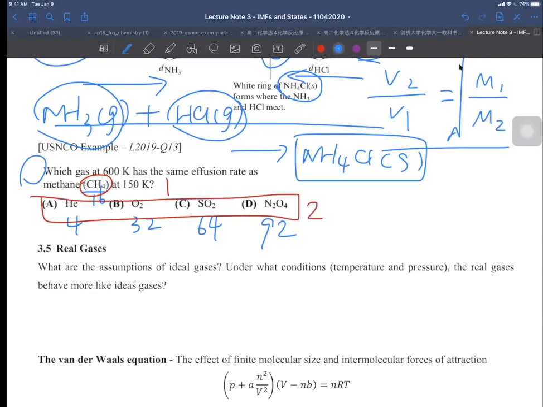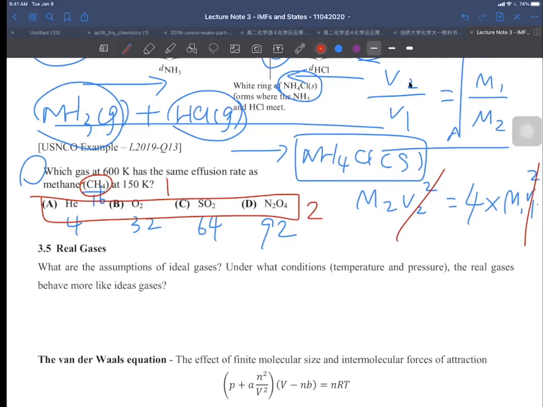So we should say M2 V2 squared equals 4 times M1 V1 squared. I think you guys are very close to the answer, right?